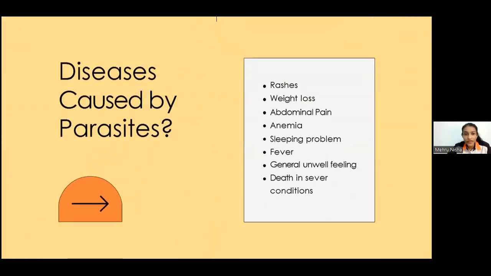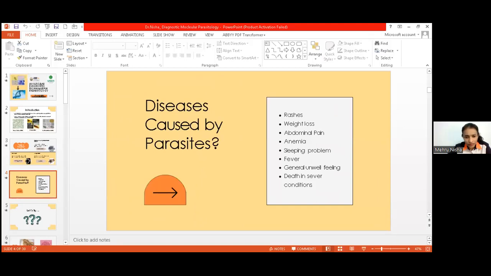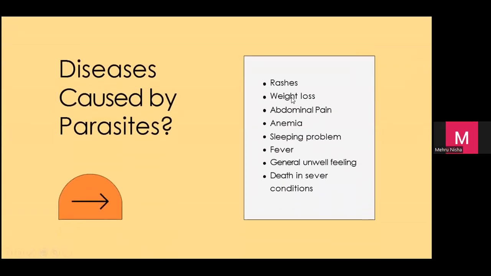Yes, doctor. Okay. So what is the importance of us learning about worms or parasites? Actually it can bring harm to our body. For example, it can cause rashes, weight loss, stomach ache, anemia, sleeping problem, fever, death if in severe condition.